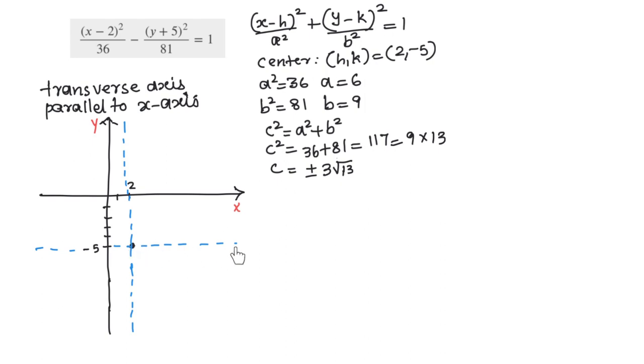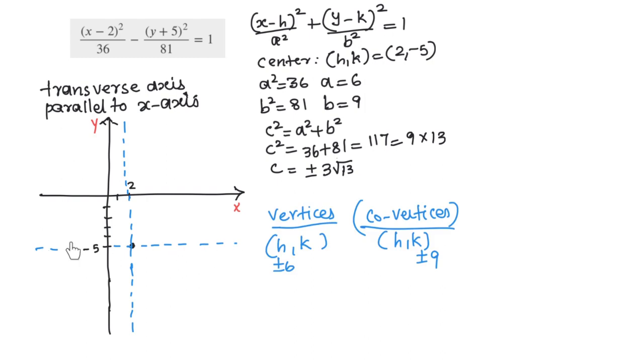If you measure 6 units right and left from the center, you will get the vertices. And if you measure 5 units, is b 5? No. b is 9, right? b is 9. So you need to measure 9 units up or down to get the co-vertices.